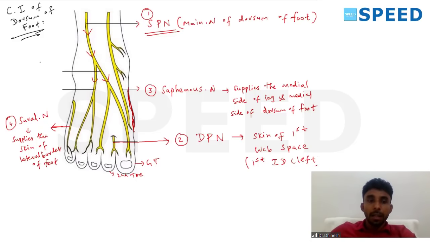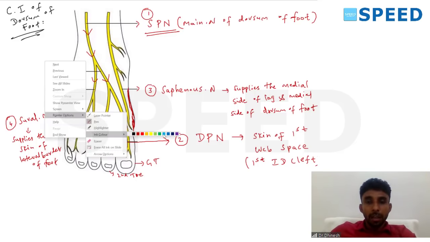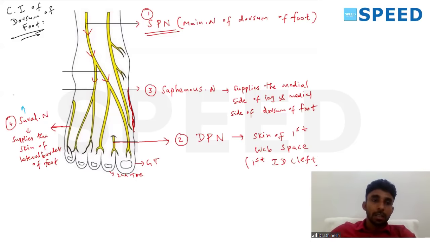We have to keep in mind that the sural nerve is a branch of the tibial nerve, and this sural nerve closely accompanies the short saphenous vein.